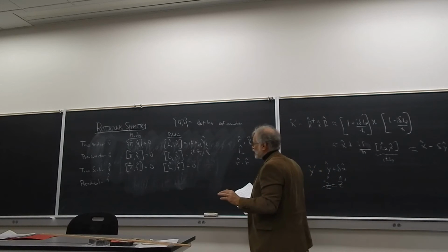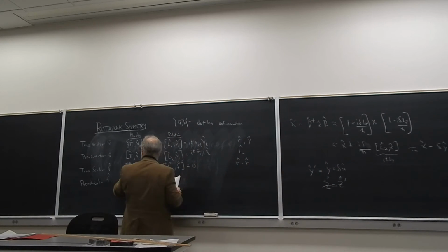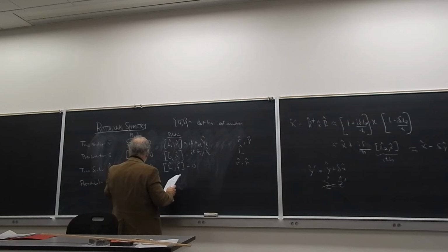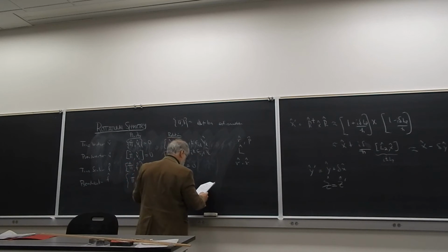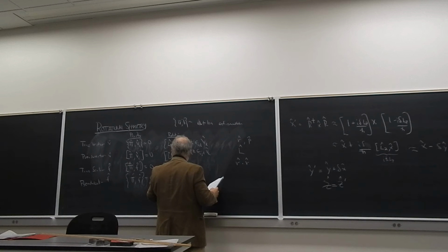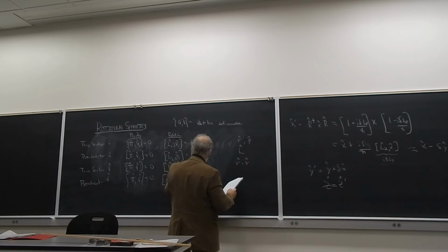And then finally, for a pseudo-scalar under parity, in this case the anti-commutator of the parity operator and F gives me 0. With angular momentum, this gives me 0.